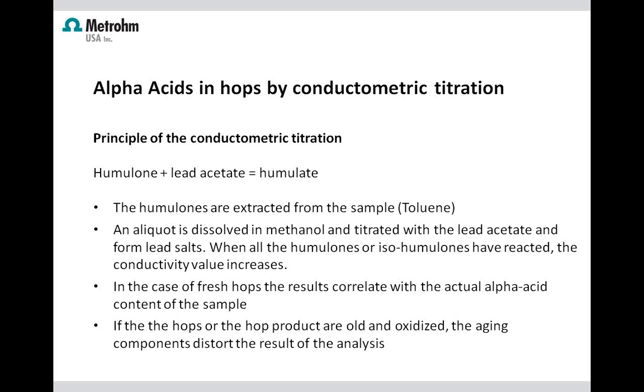So basically, you're going to be consuming all of these humulones, and the lead salts that form are not very conductive. But as you have excess of the lead acetate at the end, when you've consumed all the humulones, your conductivity is going to increase, and that's the end of your titration, and you can do your analysis from there.